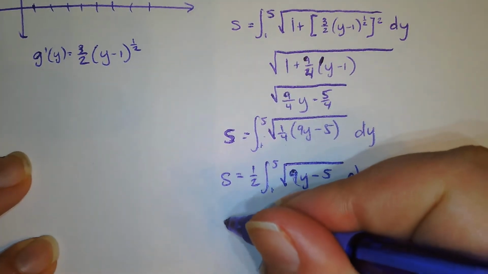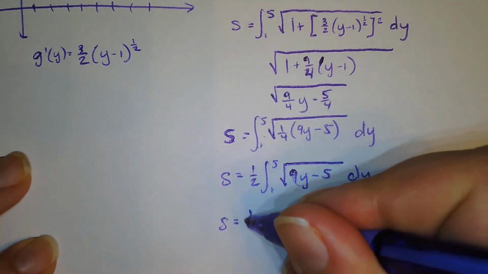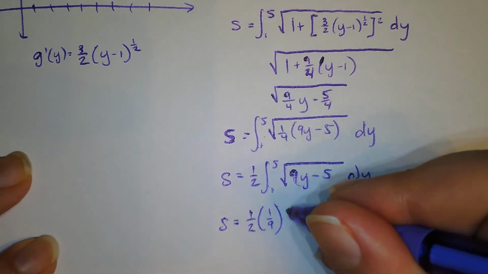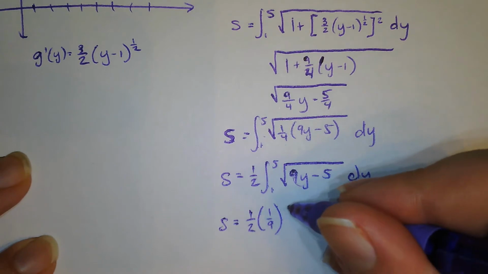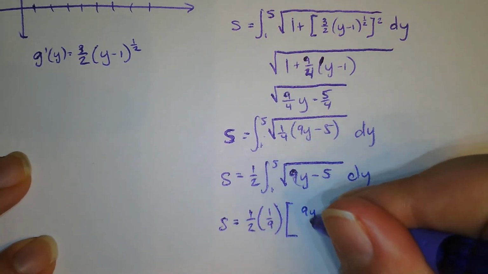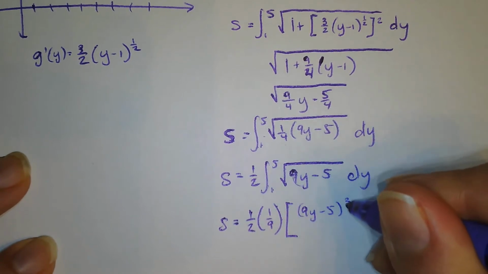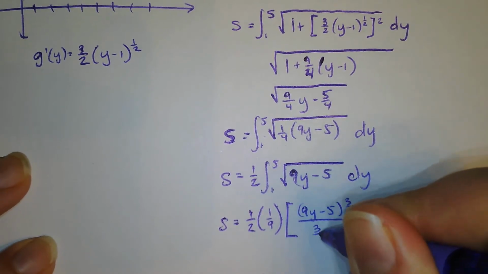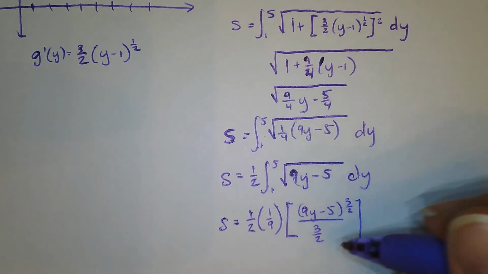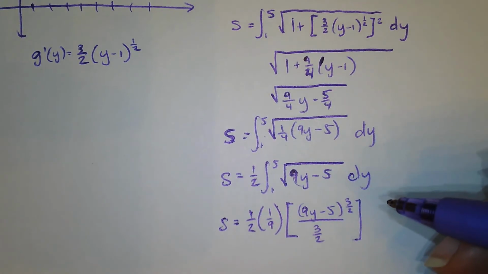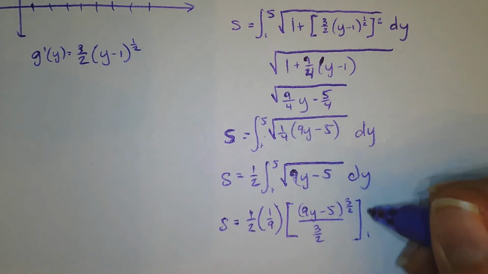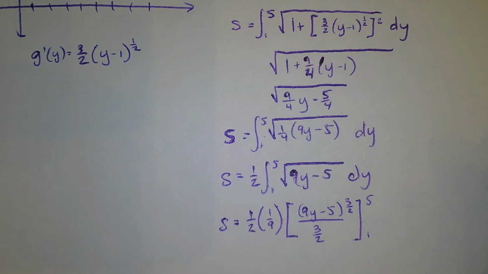So this works out to be 1/2 times 1/9, which of course is 1/18, times 9y minus 5 to the 3/2 power over 3/2. Or I would normally take the reciprocal of that and just make it 2/3, but I left it in this form, from 1 to 5.